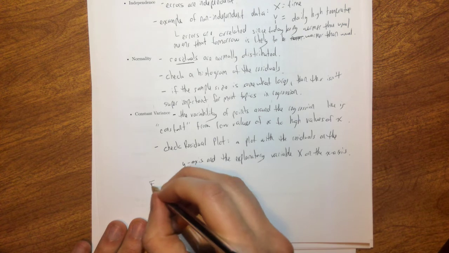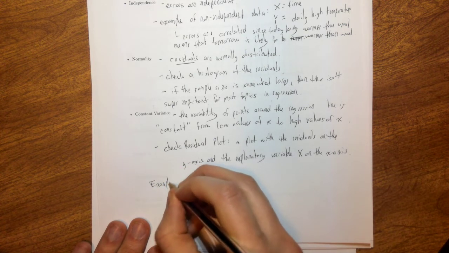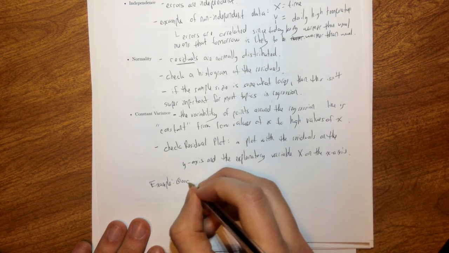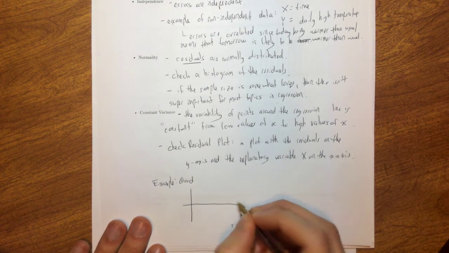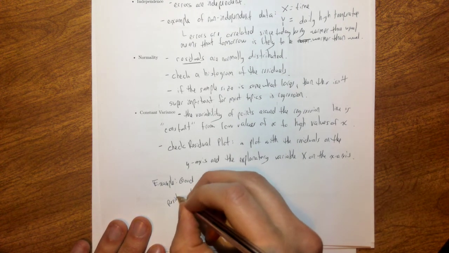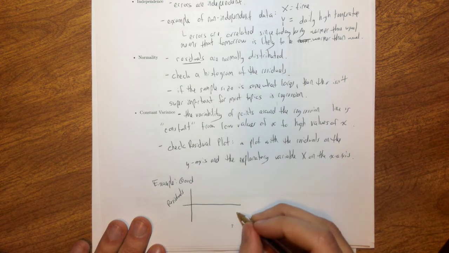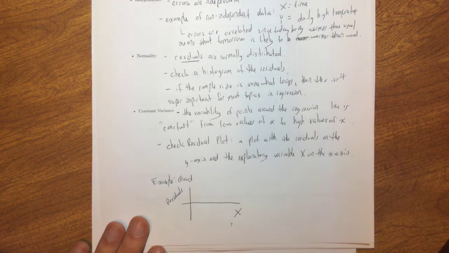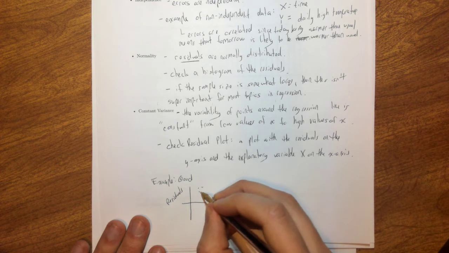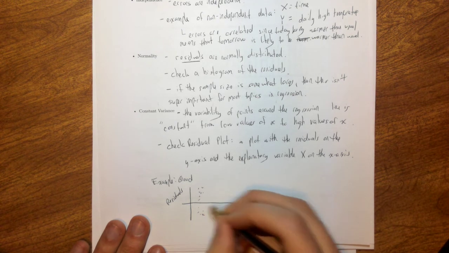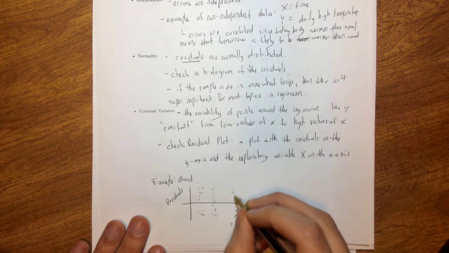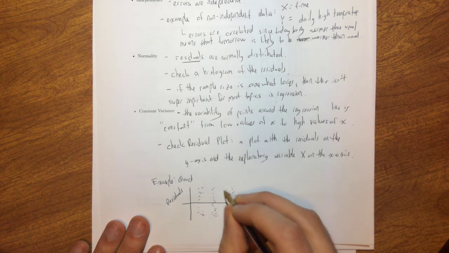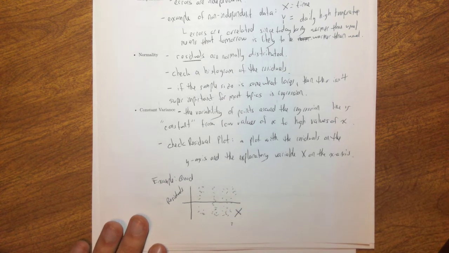Well, let's draw a couple of examples since this is a relatively new assumption. Something where the assumption is going to hold: we would make this plot with residuals on the y-axis, x on the x-axis, and I'm just going to draw something like that.